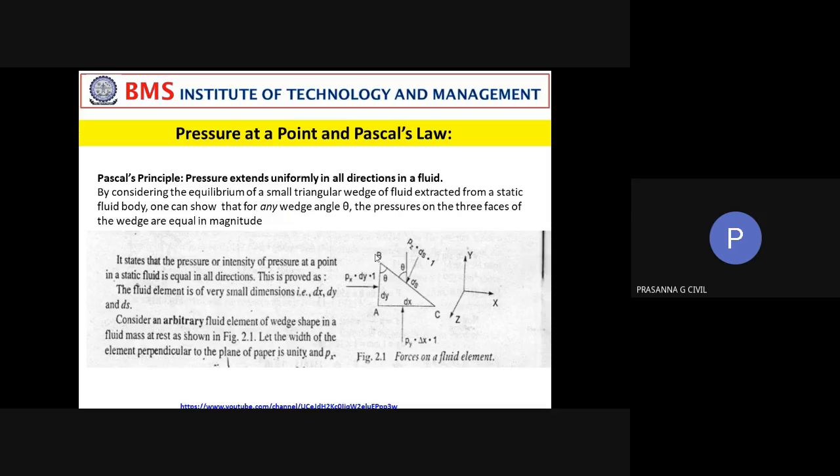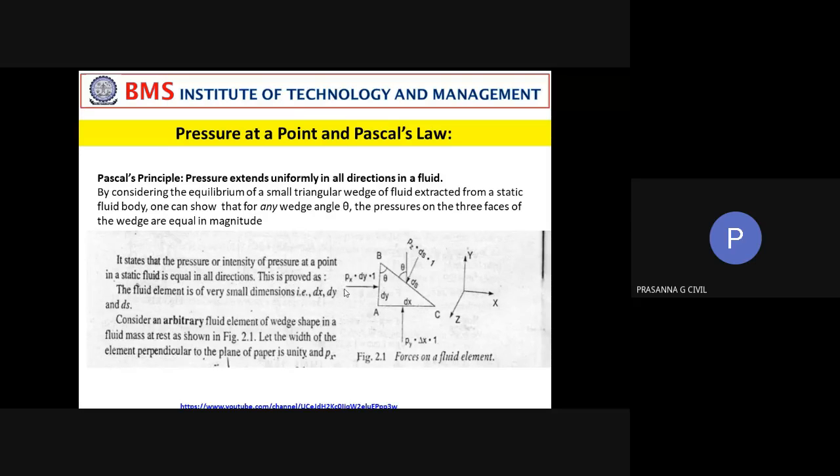They are considering a wedge-shaped fluid here, like a triangle. This is the angle theta of the wedge, and force exerted is always normal to the surface of contact. Suppose I have the side AB, Px is the pressure intensity exerted.